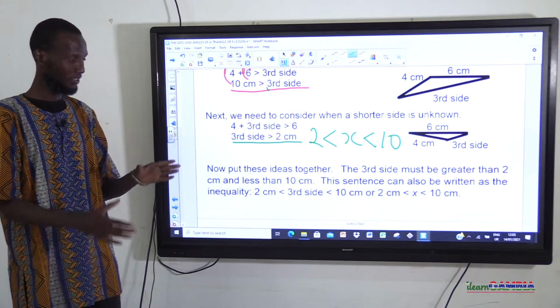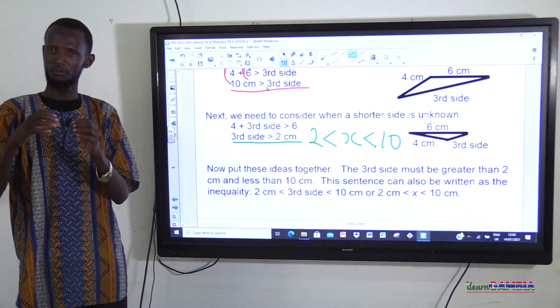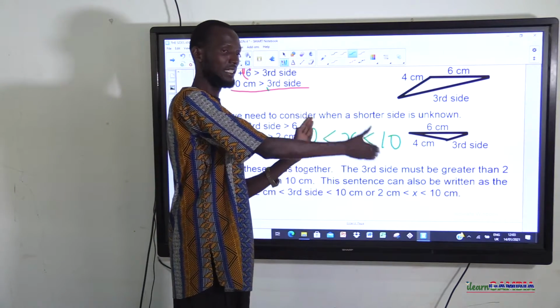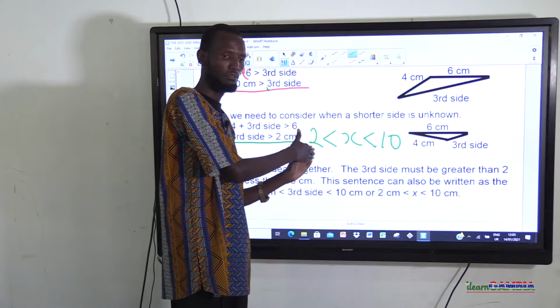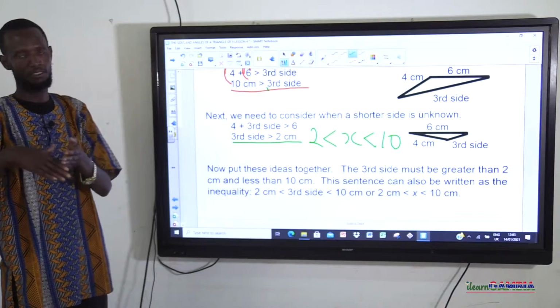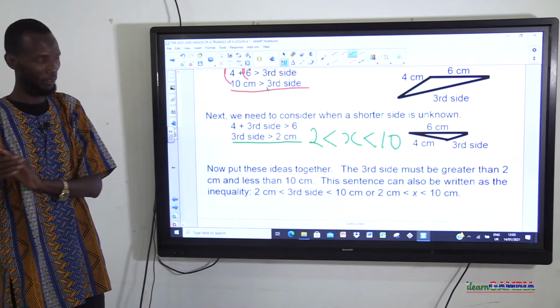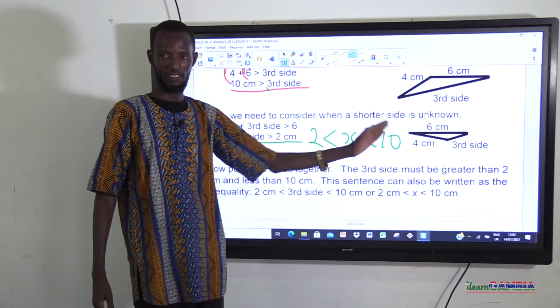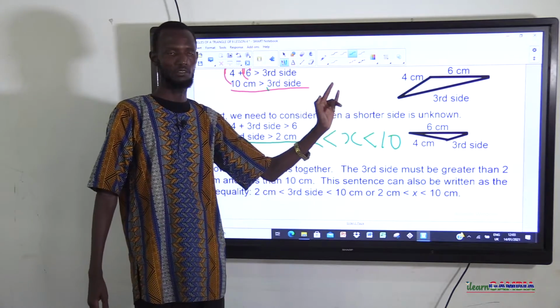We know, therefore, the possible length of the third side is in that range, greater than 2 but less than 10. It could be 3 or 4 and so on, but it has to be greater than 2 but less than 10. That predicts our possible third side.